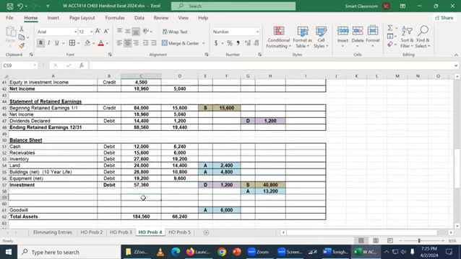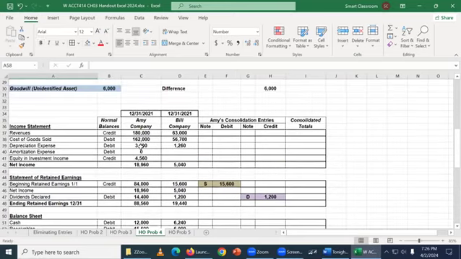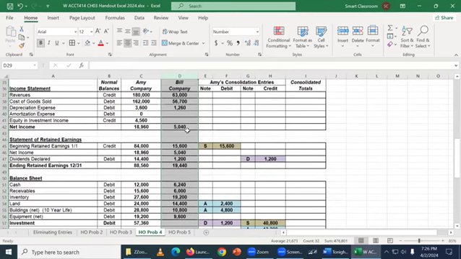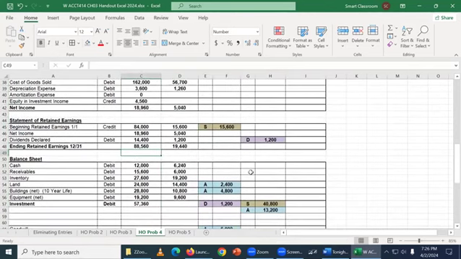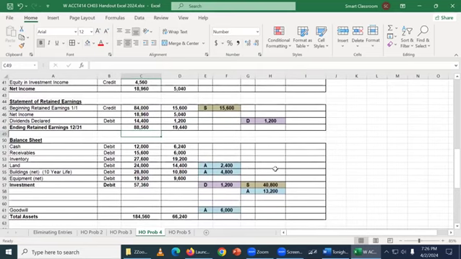And again, the reason we're trying to get rid of it is because it would be counted twice. This investment account is Bill, and so is this. So if we just jam these two together, Bill is going to be counted twice. So we only want Bill counted once, along with our regular financial statements.